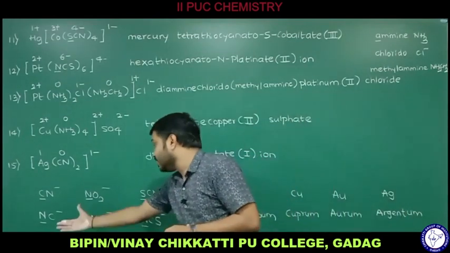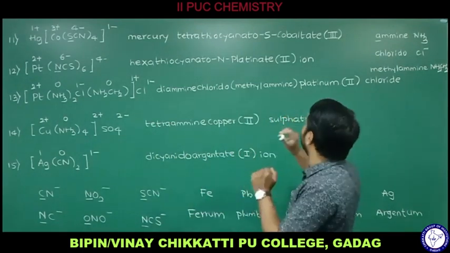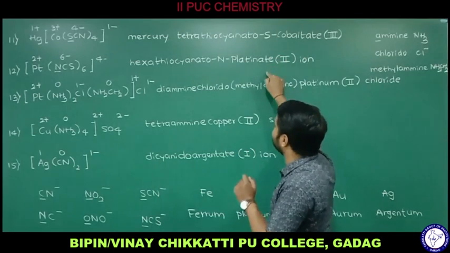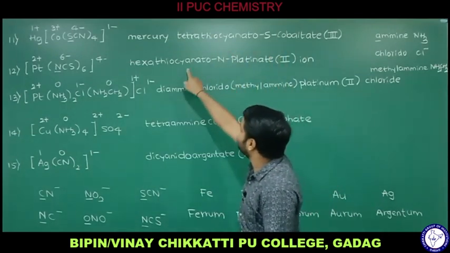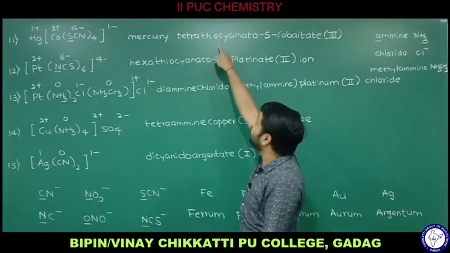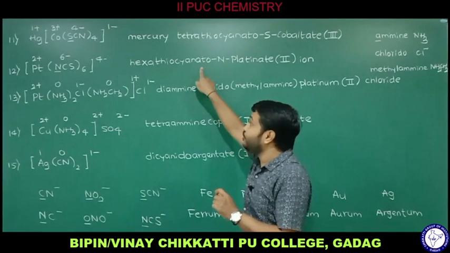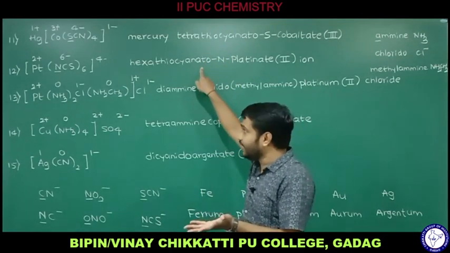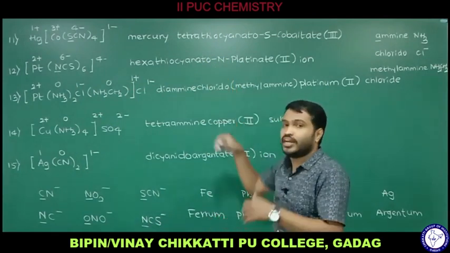But we have the ambidentate ligand. You can write the names here. Actually in this particular example, if you consider these two, here I have written thiocyanate S, and here thiocyanate N. If you write only thiocyanate for that, that is also right. Whereas in this case, because nitrogen is the donor, if you write isothiocyanate, that is also right.